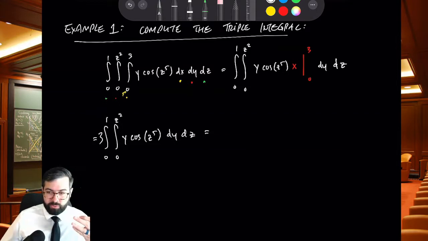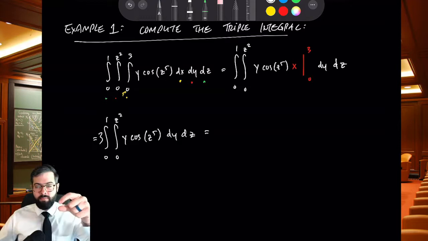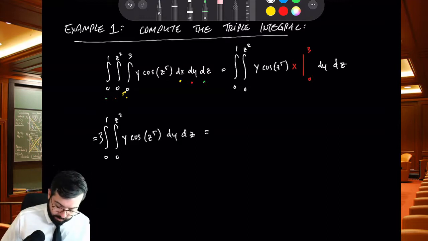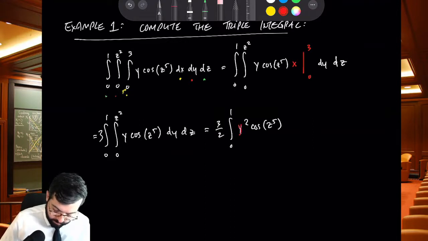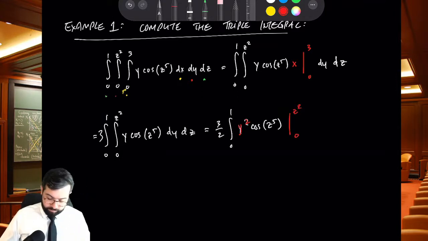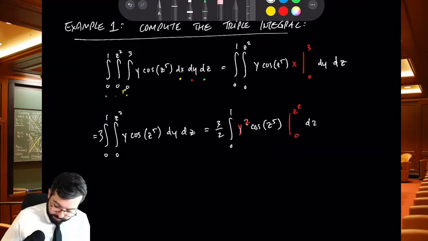So now integrating this with respect to y, well, with respect to y, cosine of z to the fifth is constant. So similarly, this is a line that must have been the derivative of a parabola, so we just go 1/2. So we get 3/2 out front, y squared cos z to the fifth from z squared to 0 dz.